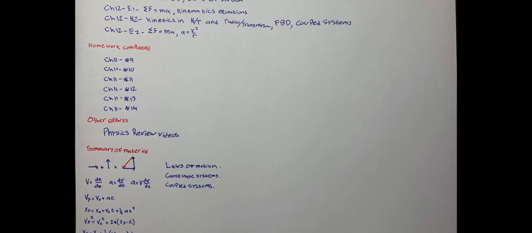Number 11, there was just a human centrifuge, and it's used to simulate space shuttle conditions, and we're just using a equals v squared over r to solve.